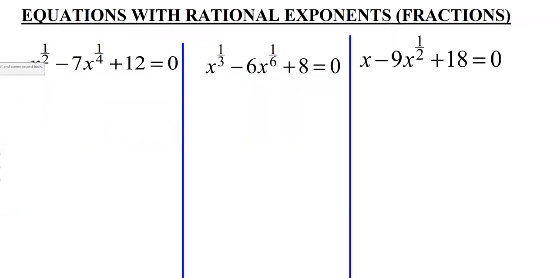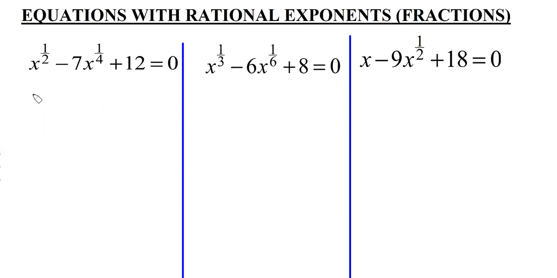Now, let's see another scenario where we have equations. You remember algebraic equations or quadratic equations, trinomials, where you are finding x. This is the same thing, but how would you tackle this one now? Here you are told that x to the power 1/2 minus 7x to the power 1/4 plus 12 is equal to 0.